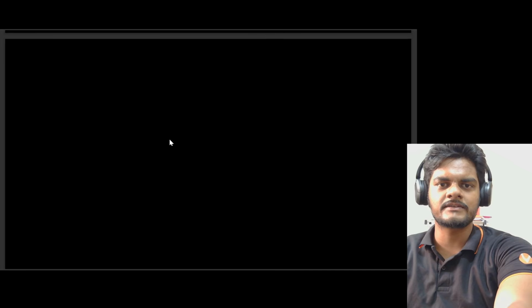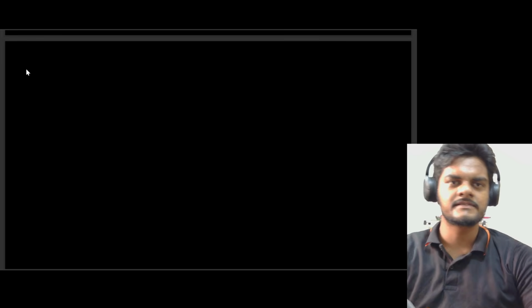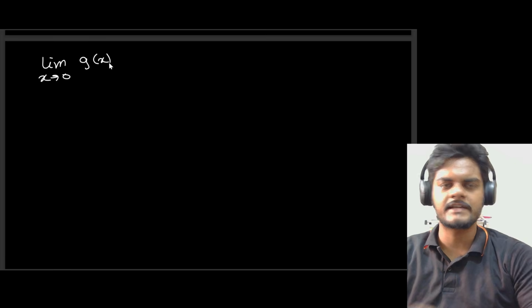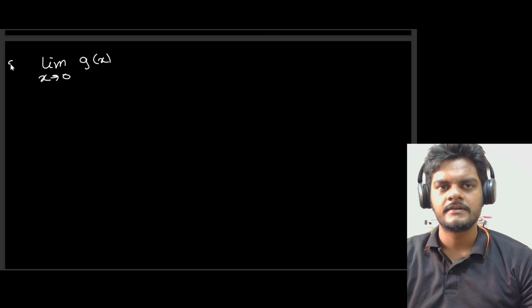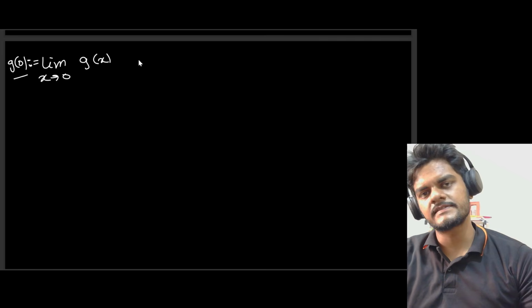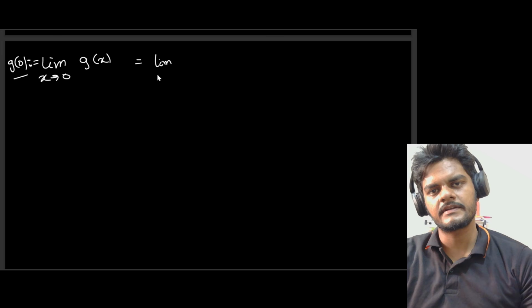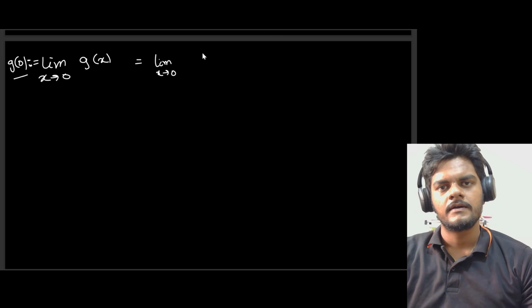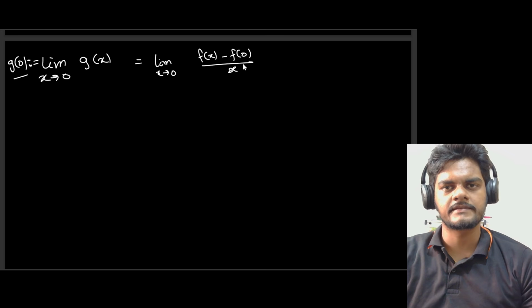Naturally, we'll take the limit as x tends to 0 of g of x. That's what we want to define as g of 0. So what is this limit? The limit as x tends to 0 of f of x minus f of 0 by x.